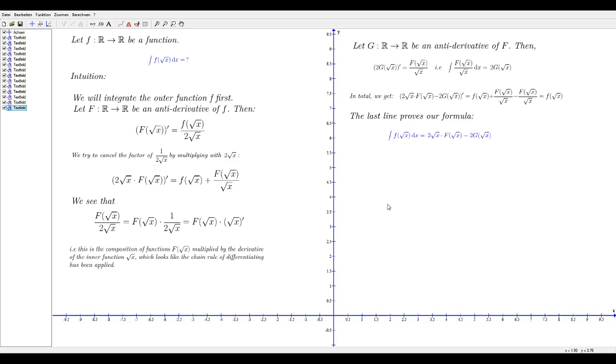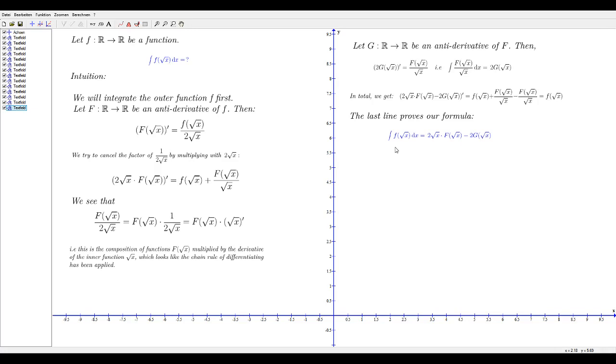Whether this is useful or not depends on how easy f is to integrate twice, and in some cases this is really fast. For example, with this formula we can very quickly integrate sine of square root of x, cosine of square root of x, and e to the square root of x.